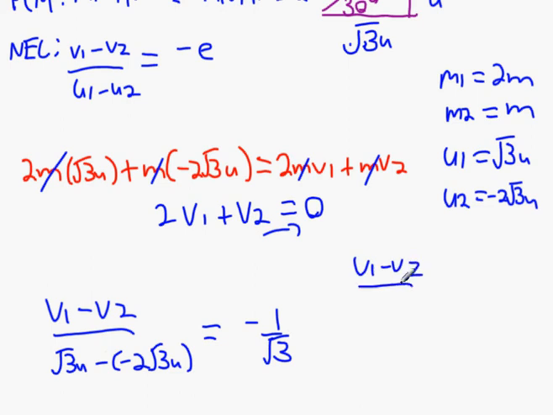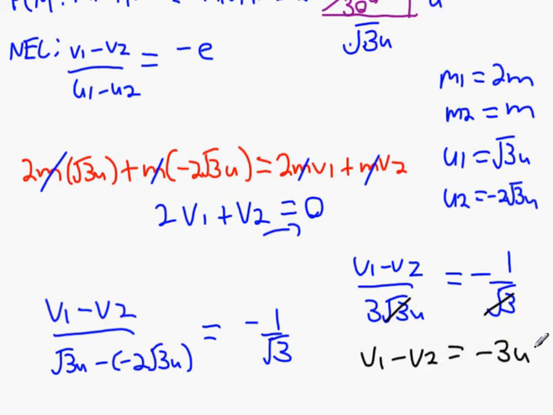Phi1 minus phi2 all over 3 root 3u equals minus 1 over root 3. The root 3 can go away, and then we have phi1 minus phi2 equals minus 3u. Is that right? I think we're good now.